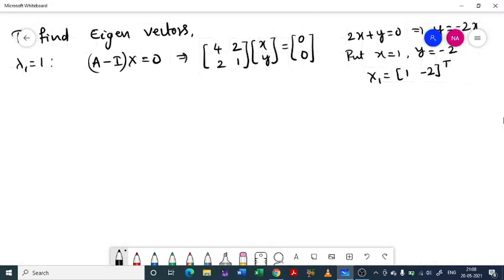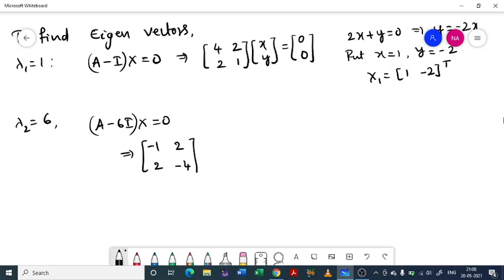Next, for lambda 2 equal to 6, (A minus 6I) into x equal to 0, which implies, okay, I have to subtract 6, it will be [[minus 1, 2], [2, minus 4]] times (x, y) equal to (0, 0).